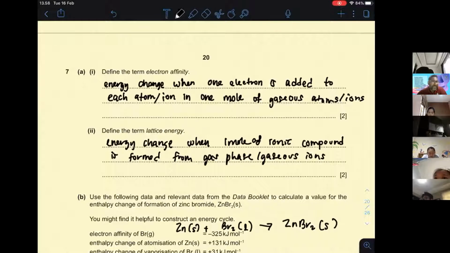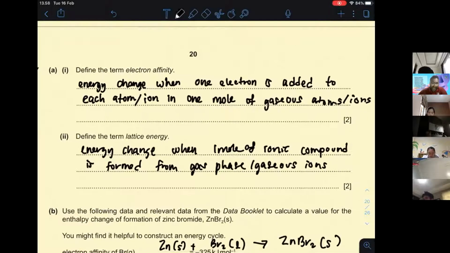But electron affinity is different. It is the energy change when one electron is added to each atom or ion in 1 mole of gaseous atoms or ions. Please remember this definition.